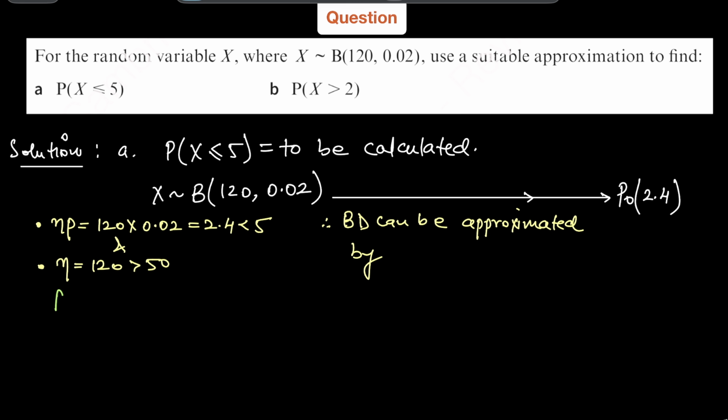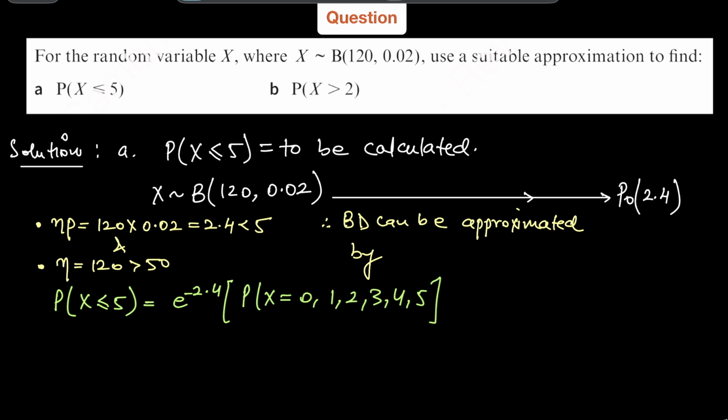Now we are going to calculate the probability of x less than or equal to 5, and this is going to equal e raised to the power minus 2.4 times the probabilities for x equal to 0, 1, 2, 3, 4 and 5.